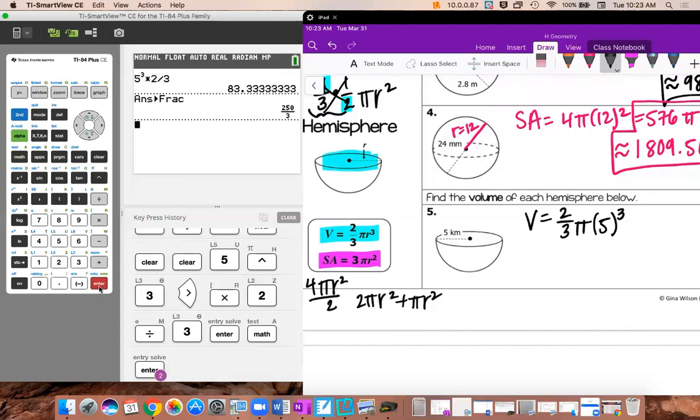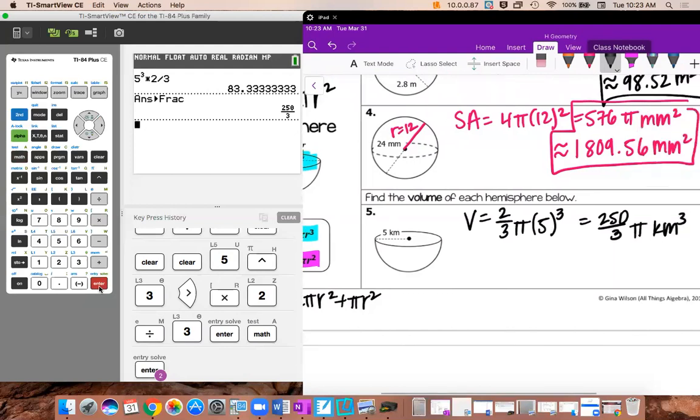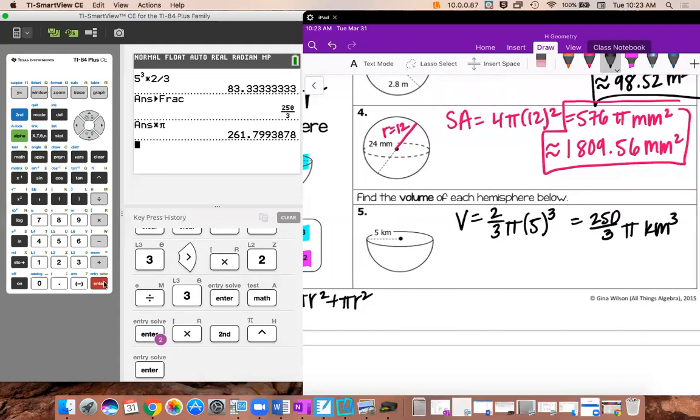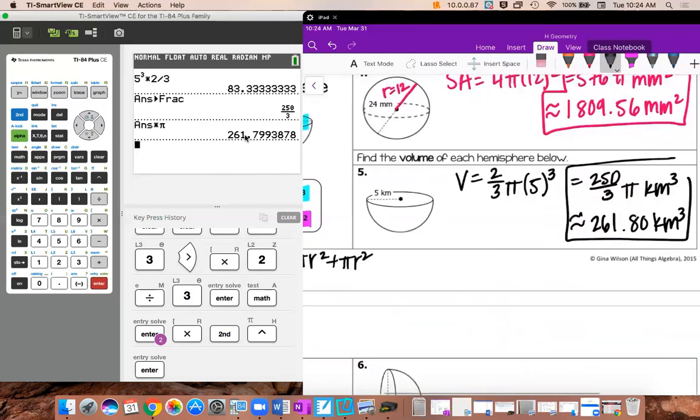If we're going to leave it exact, it is 250 thirds pi kilometers cubed, because we're working in volume. And if I want to estimate, again, just multiply by pi. So the volume of this is about 261.80 kilometers cubed. So that's how you find the volume of a hemisphere. Really simple, you're just cutting the other one in half.